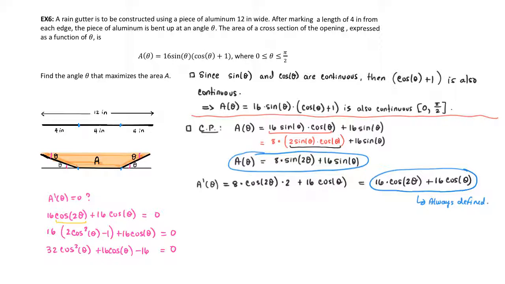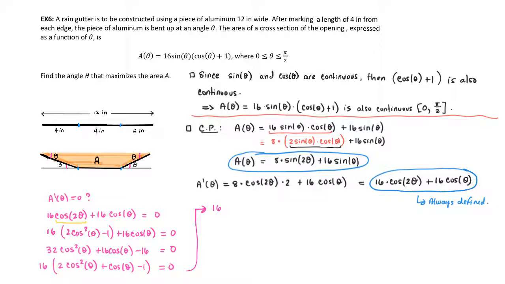Then I am going to get a common factor out. So that's going to be 16 times 2 cosine squared theta plus cosine of theta minus 1 equals 0. And if you notice right here, I have a beautiful quadratic. So I will see if this quadratic is factorable.